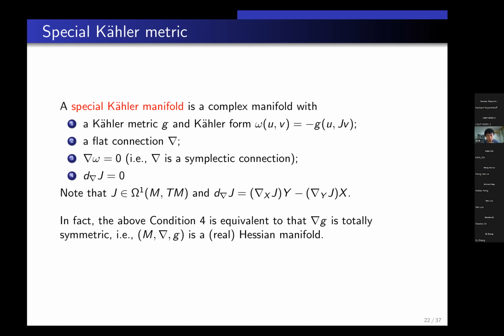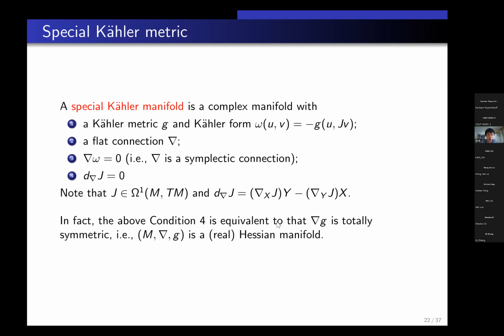We know that the total symmetry of nabla G just means that M nabla G is a real Hessian manifold, right? So basically condition 4 just means having a real Hessian manifold when we consider this Kahler metric as a Riemannian manifold.